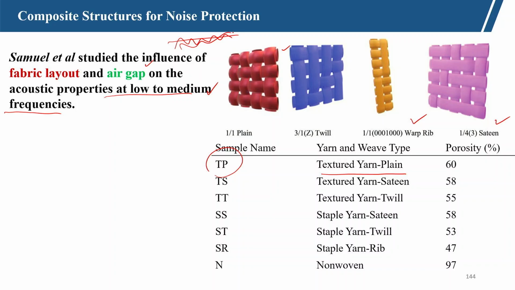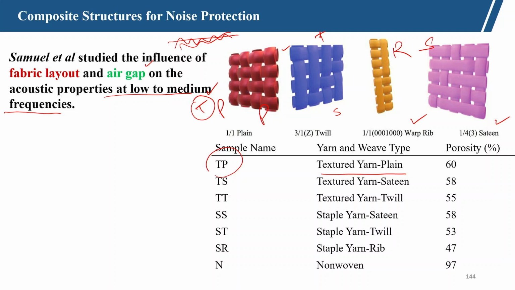Textured filament yarn is coded as T, and plain weave is coded as P, satin is S, twill is T, and rib is R.